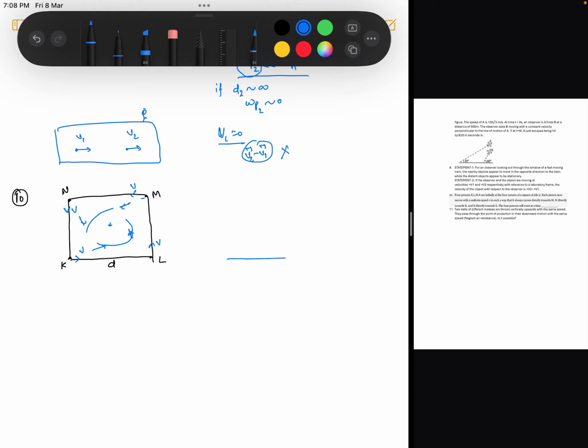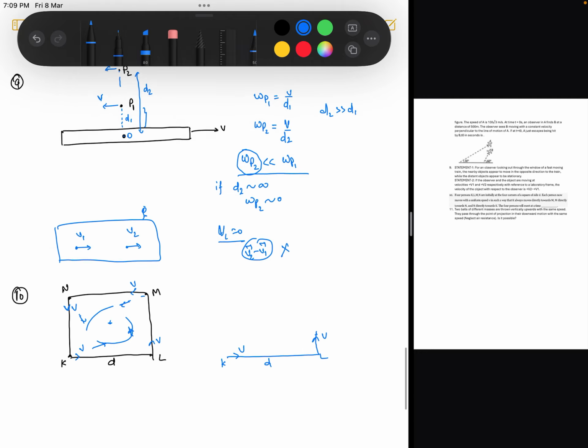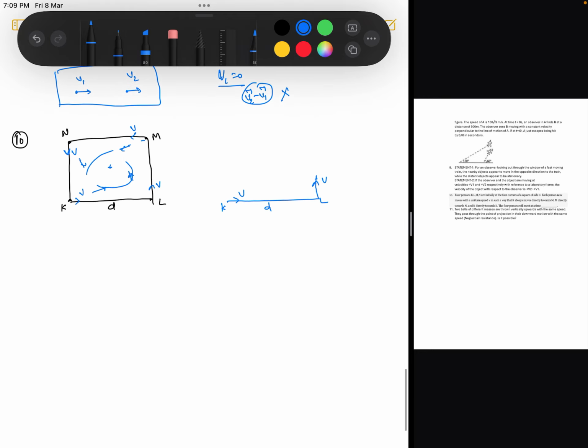I will consider the two particles here, K and L. Particle L is moving with velocity V in this direction, and K is moving in this direction with velocity V, and the distance between them is D. As we have solved in the previous question, the airplane problem, this velocity will only be responsible for the meeting of these two particles.